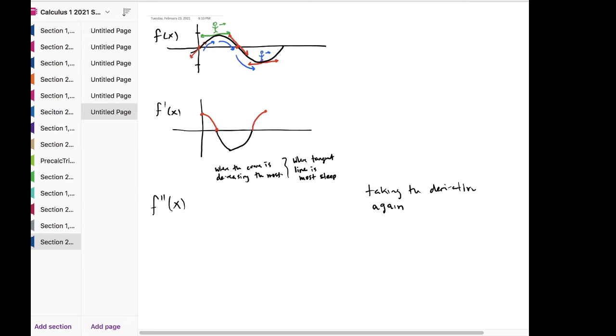What do you think the derivative is at this point here?